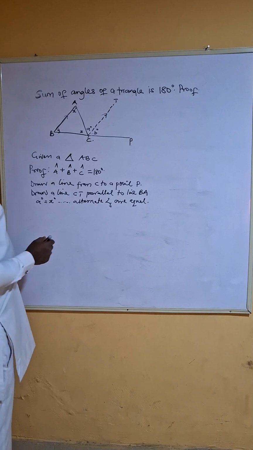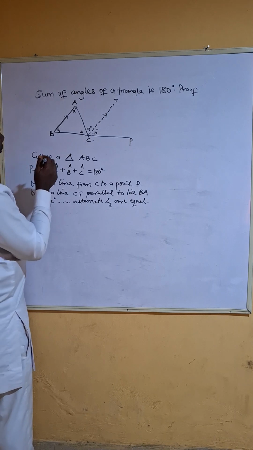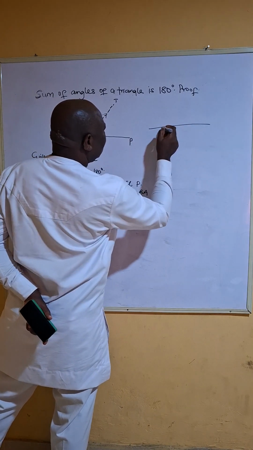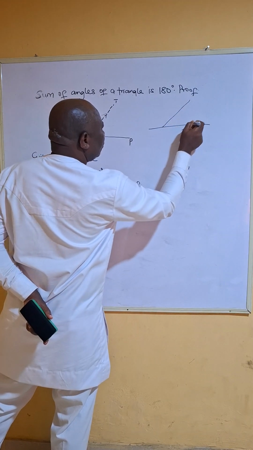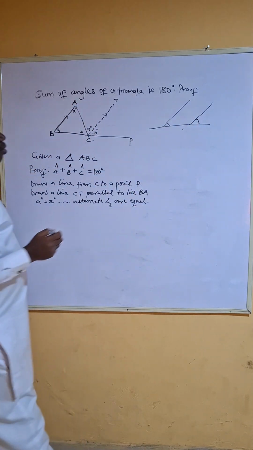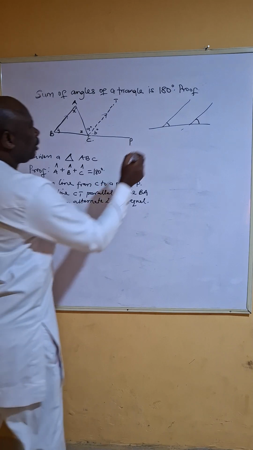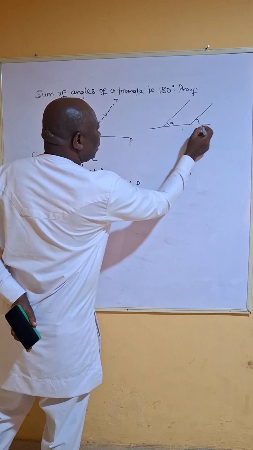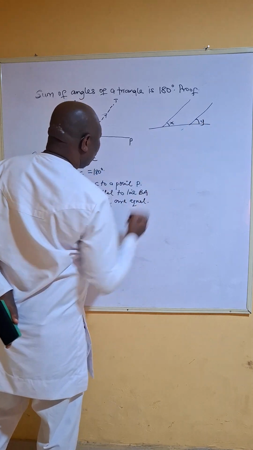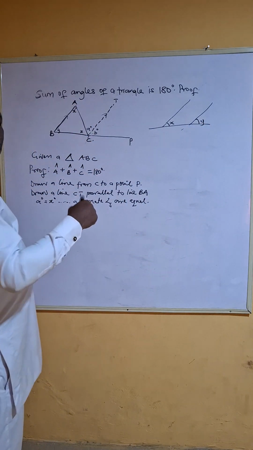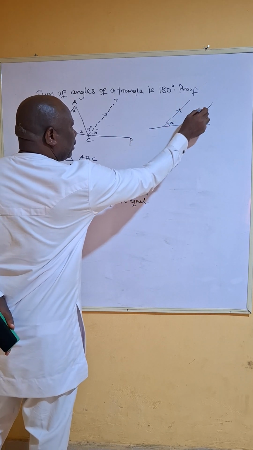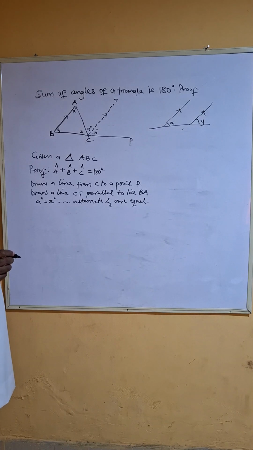Now, come here. We have something like this. These are what we call corresponding angles. Whatever you have here is the same thing as what you have here. x is equal to y, because they are corresponding angles, so far as this and this are parallel lines.